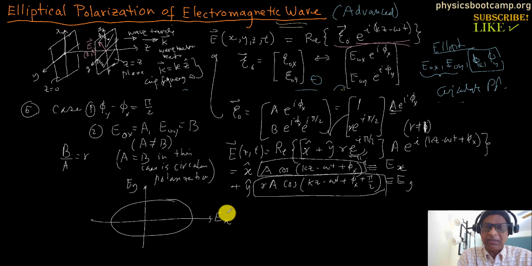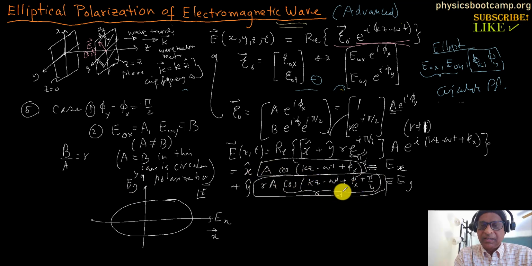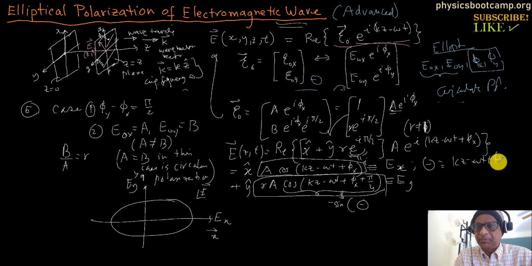We're going to call it the E field. So this is the E field, and of course this points to the x-axis, this points to the y-axis. Okay, if you look at this thing, it is actually minus sine theta, and theta equals kz minus omega t plus phi x.